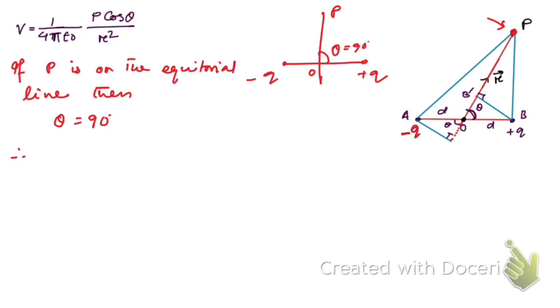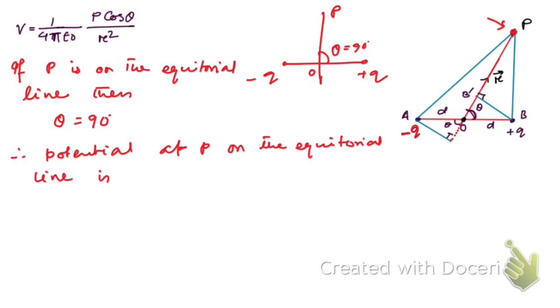Therefore the potential at P on the equatorial line is V is equal to 1 by 4 pi epsilon naught p cos, here instead of cos theta we are going to write cos 90, by r square.